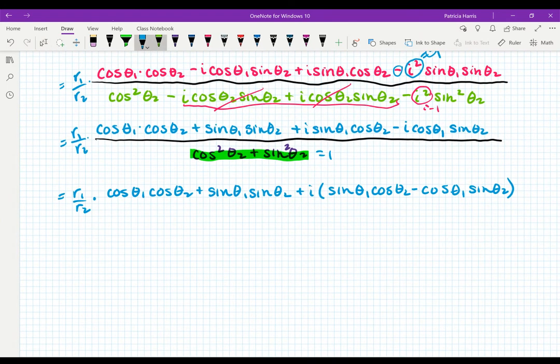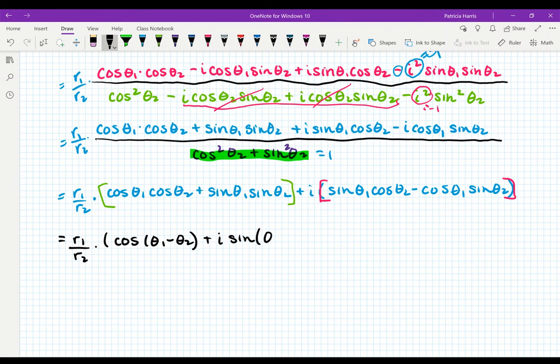Okay, so this right here will change into like that. And then this guy right here will change into theta 1 minus theta 2 using those identities at the top. All right, and there's our division formula.